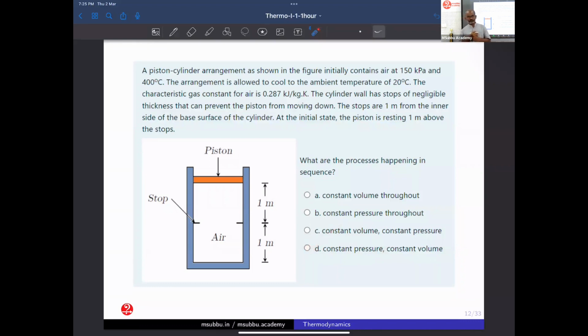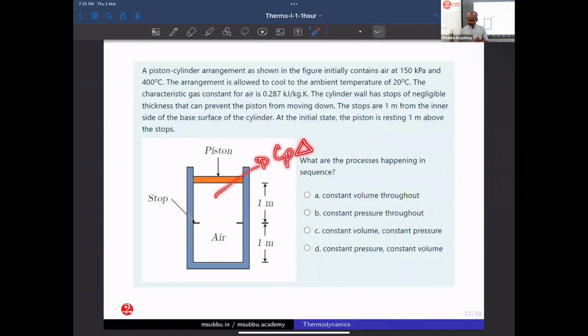Now, what is the need of this identification? In the case of the heat transfer requirement for the cooling of the cylinder contents by way of this kind of piston arrangement, in the initial volume change the process is a constant pressure process. So how do you calculate the heat?